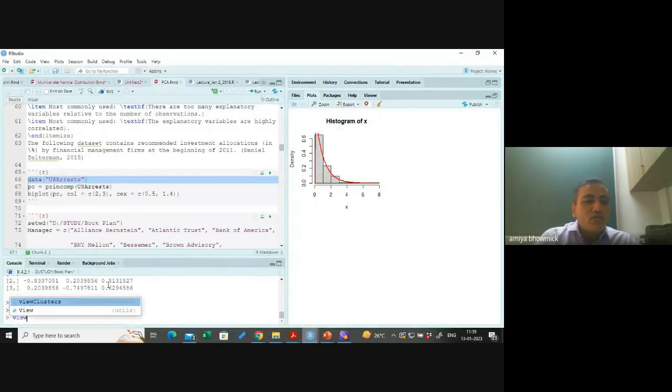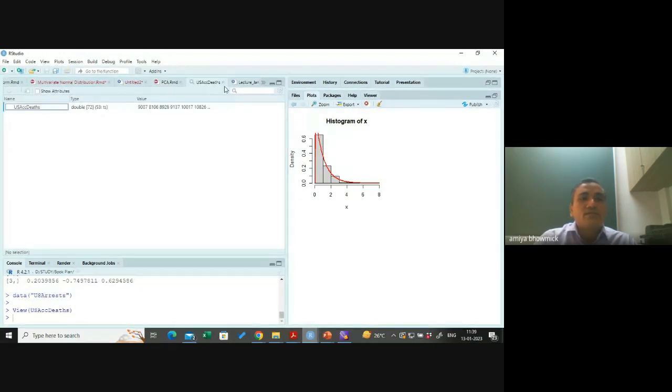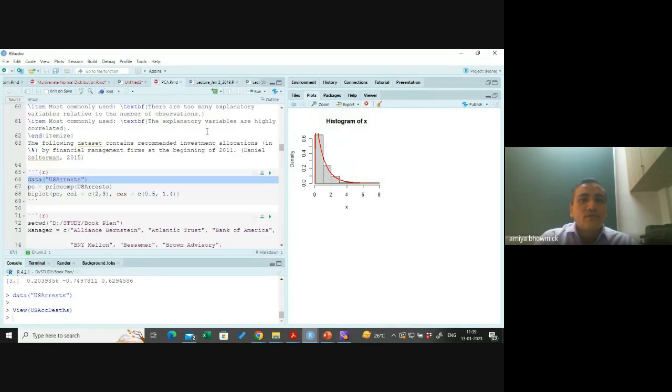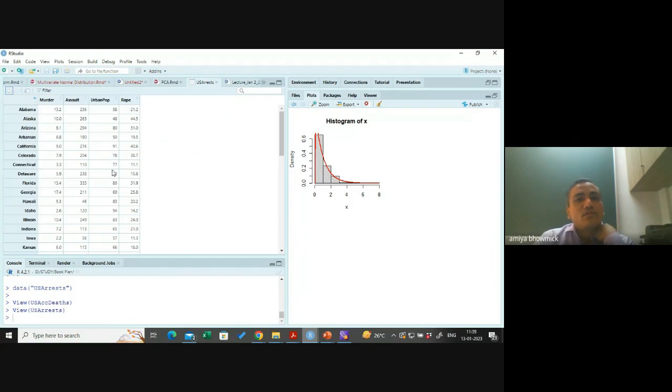You can have a view of this data. This is US deaths, accidental death, not this one. View US arrests, right? So this is a view of the data.